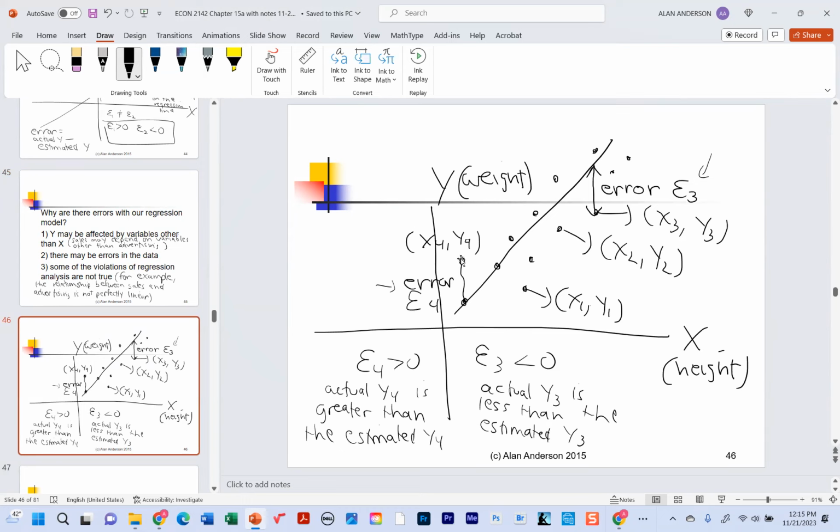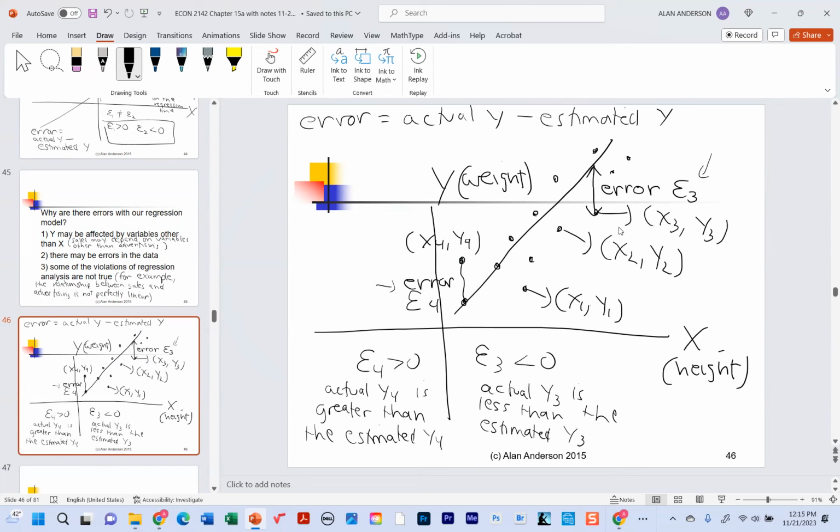So if the point is above the line, the error is positive. Whereas with error 3 up here in the right-hand corner, it's the other way around. The point is too low to be on the regression line. So therefore, this is negative. Because the error itself, remember, equals actual y minus estimated y, where the estimate is the point, the location on the regression line.